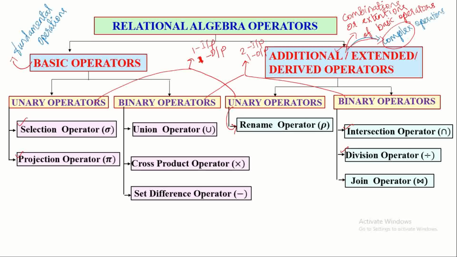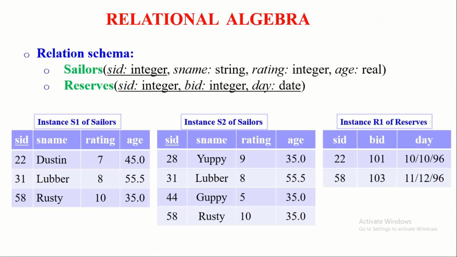In this lecture, we are going to discuss the basic operators along with suitable examples. All the examples are explained using the Sailors relation and Reserves relation. The Sailors relation has four fields: SID, SName, rating, and age, and its domains are integer, string, integer, and real.